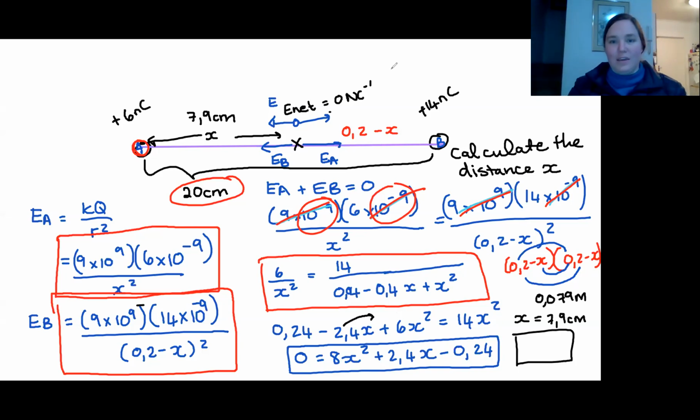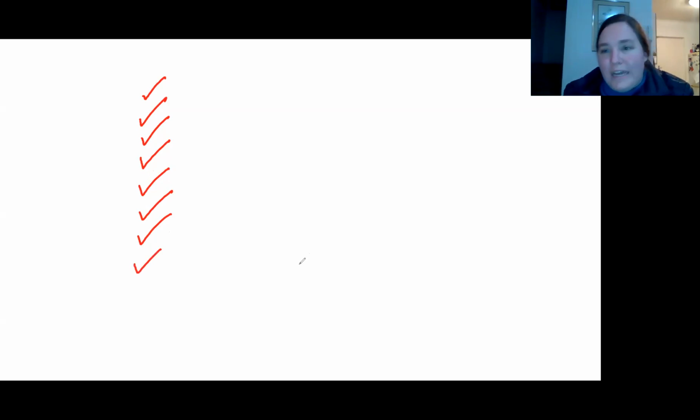I'd say there's 1 mark for the formula F is equal to K Q1 Q2 over R squared. 1 mark for subbing in for each of the 2 values. 1 mark for resolving the one into its components and adding them together to get the resultant. 1 mark for using Pythagoras, 1 mark for the answer, 1 mark for using tan, and then 1 mark for the answer. 1, 2, 3, 4, 5, 6, 7, 8, between 8 and 10.